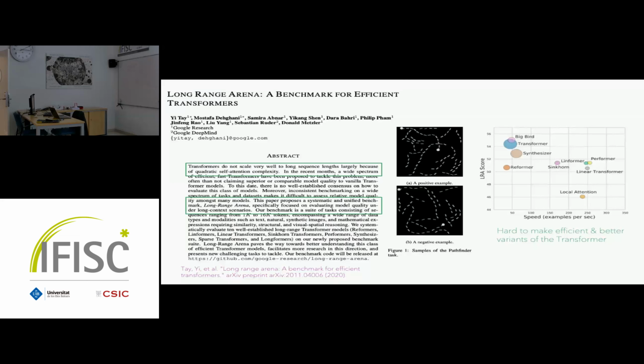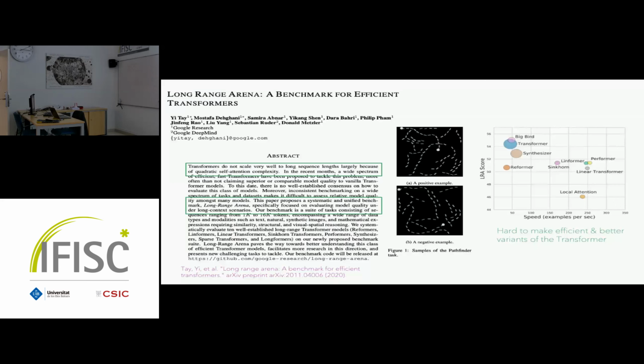The tasks were of different types, but for example, one interesting one is called Pathfinder, where you give these images to your network a pixel at a time. Again, similar to sequential MNIST, a pixel at a time. And you have to classify if the two dots that are present in the images are connected by a line or not. In this case, for example, yes, so positive.